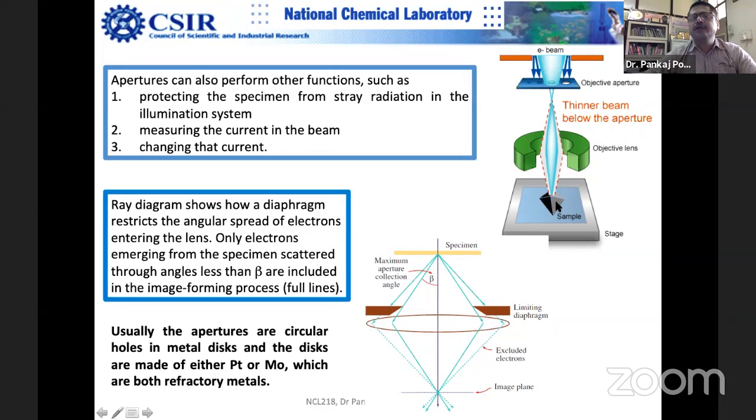But finally, the beam which enters the sample, the final quality of the electron beam, the aberration and all kinds of things, are decided primarily by this final lens. After that, the electrons enter the sample, and once they transmit through the sample, below that you have the lower objective lens.